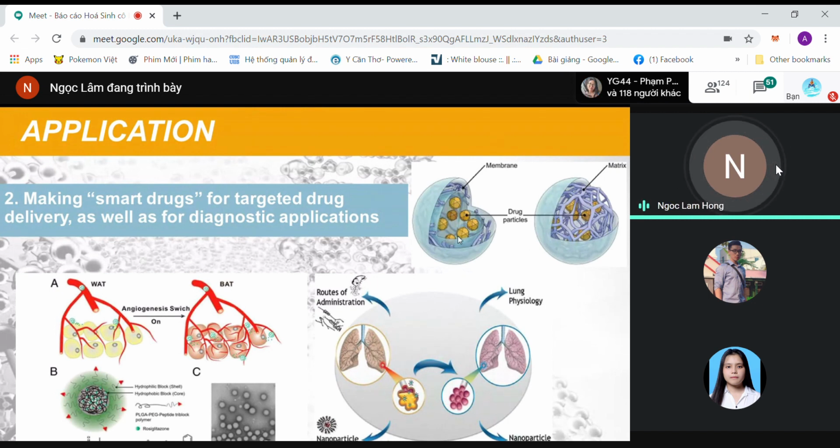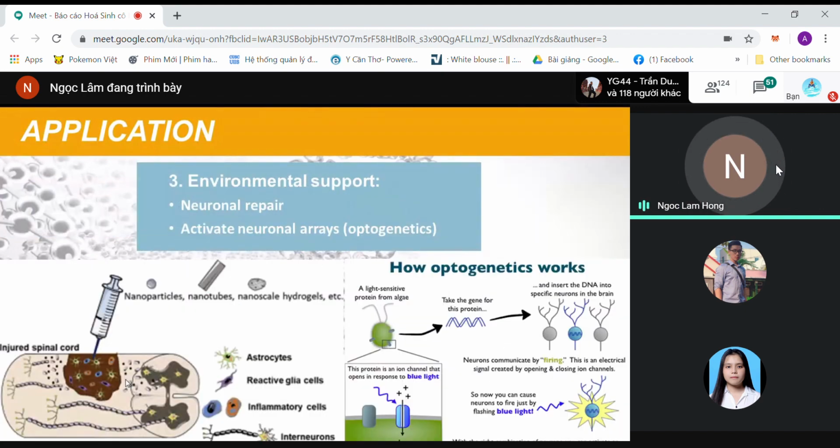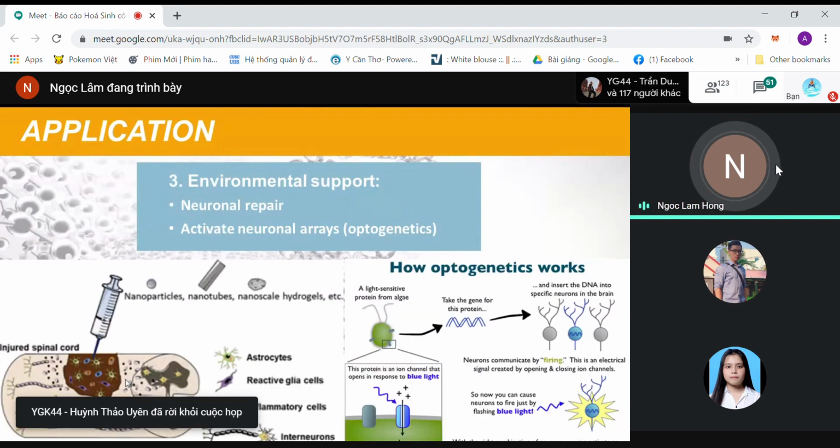This image is about a nano capsule, this one is about treatment of respiratory disease, and this one is about treatment of pulmonary cystic fibrosis. And the final application is environmental support in neuronal repair and activating neuronal arrays.